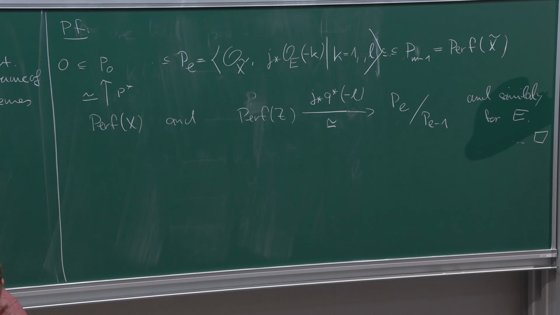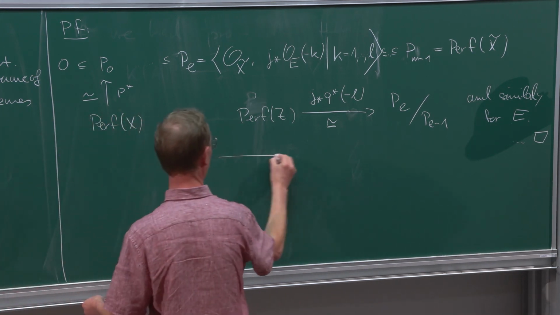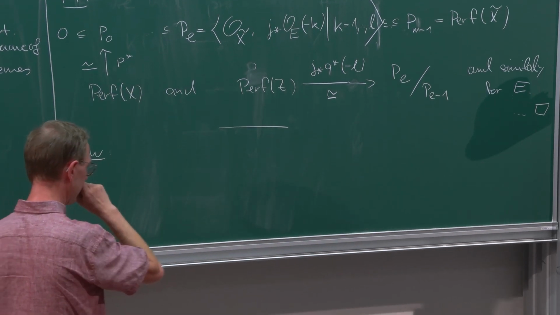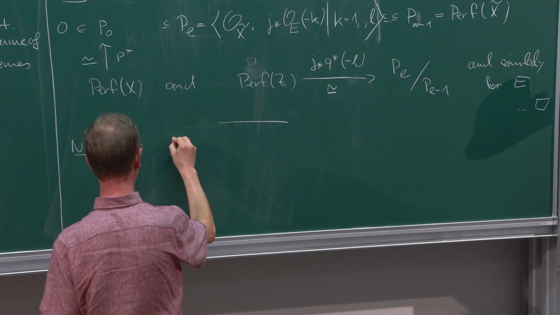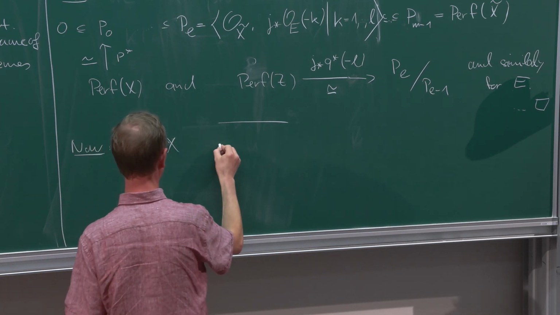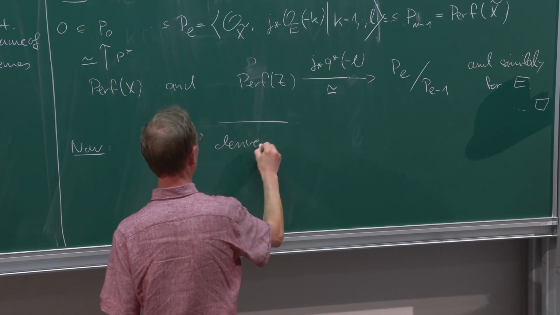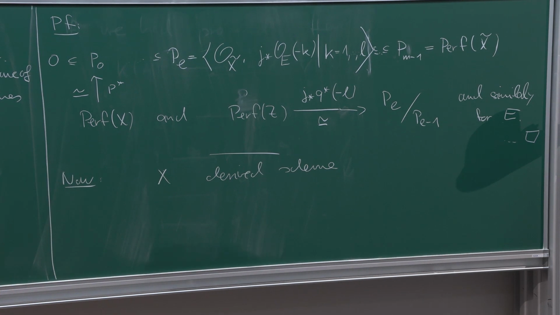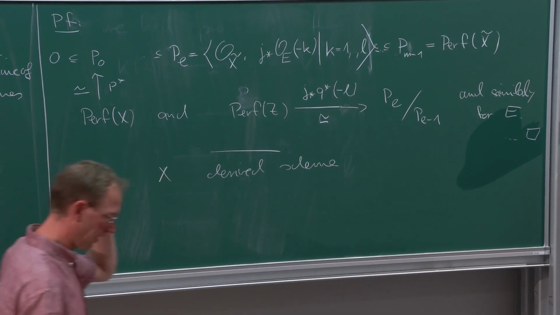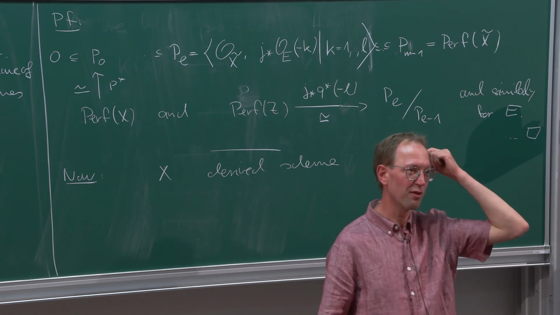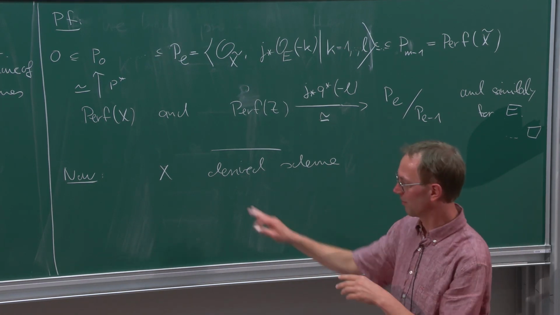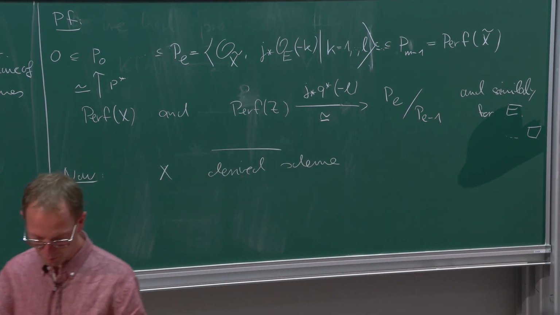Okay, so now we do the same for derived blow-ups. Now X could be any, let's say, derived scheme. So there's a more advanced theory of derived blow-ups that was developed mainly by Adeel Khan, but I only do a very naive approach here.